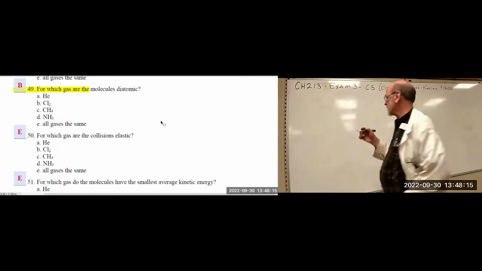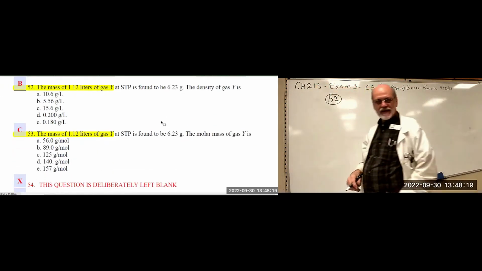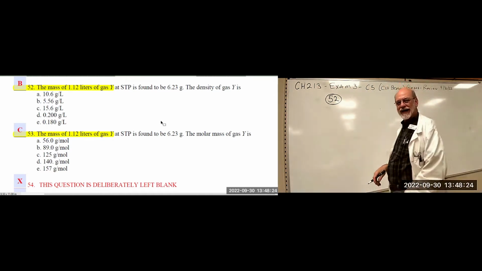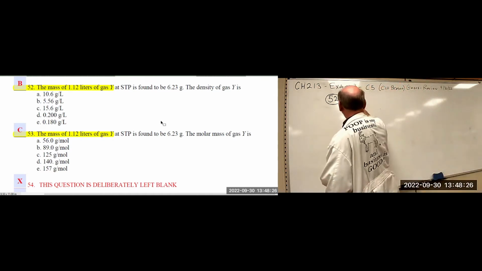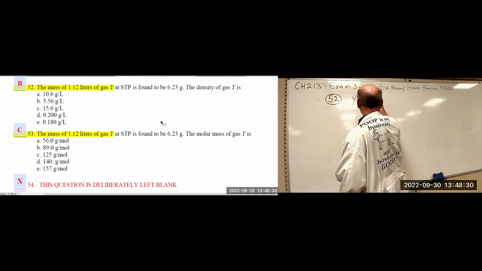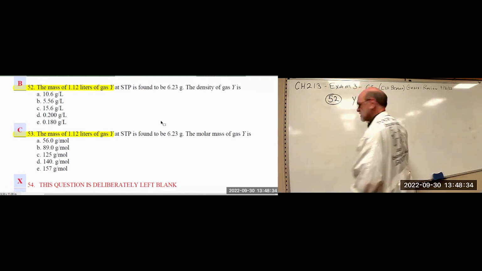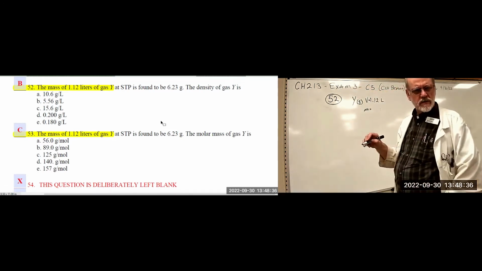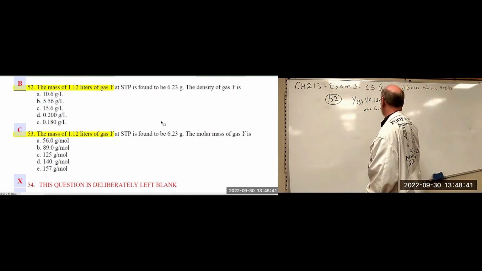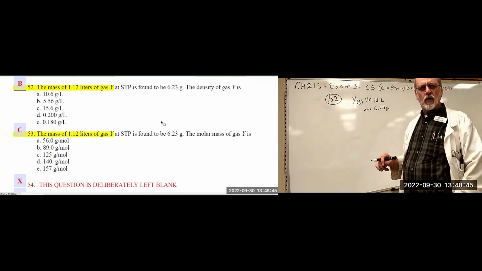52. The mass of 1.12 liters of gas Y. So we have a gas Y, 1.12 liters volume, and the mass is equal to 6.23 grams. Oh, what's the density?